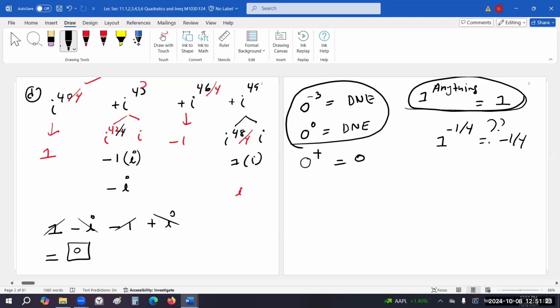And the rest of the rules? What is x to the -1? 1 over x. So if you give me it's -x, what do you think I should feel? Or how do you think I should feel? 1 over -x is -x.